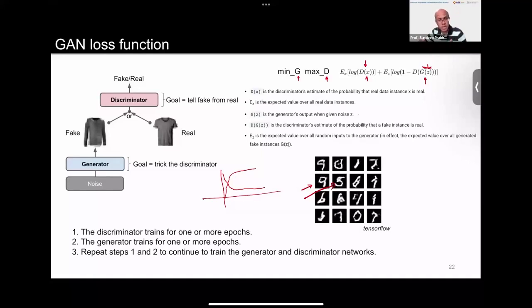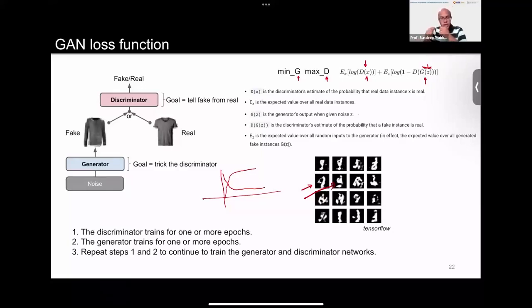Generator is driven by noise. Discriminator goal is to basically detect whether the input is fake or not. But the way the loss function is set up is such that for a fixed discriminator, the generator is trained such that its accuracy increases significantly. And for a fixed generator, the discriminator is trained such that its accuracy increases significantly, right?